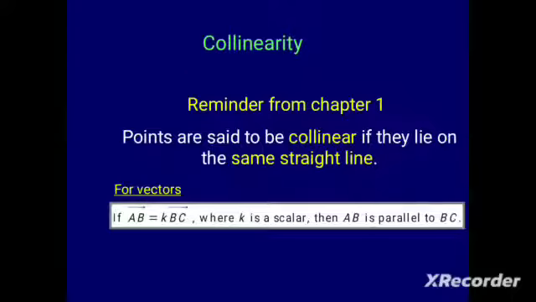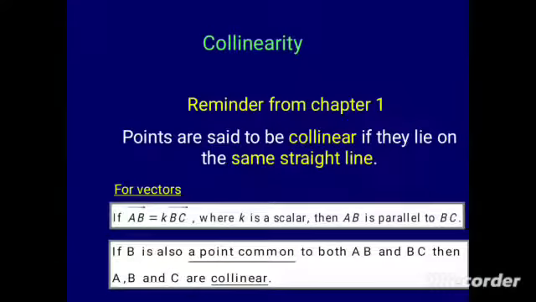So if vector AB is equal to k times BC, where k is a scalar, then AB is parallel to BC. If B is also a point common to AB and BC, then points A, B, and C are collinear.